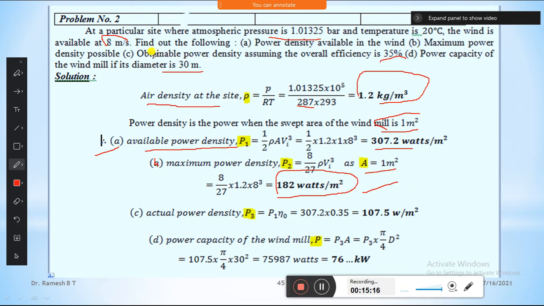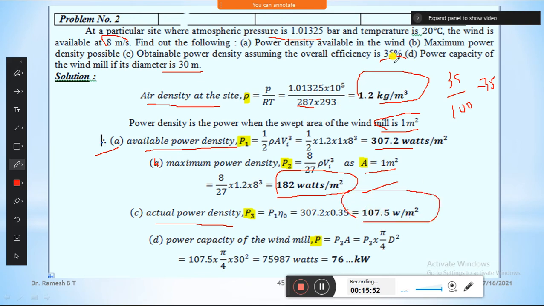And the third one is the obtainable power density assuming efficiency. Here the efficiency is 35%. So the actual power density, we can call it P3. We already know that P3 is the available density P1 into efficiency. That efficiency is 35, that is 35 divided by 100, which gives 0.35. If you multiply 0.35 with the actual power in the air, you will get 107.5.